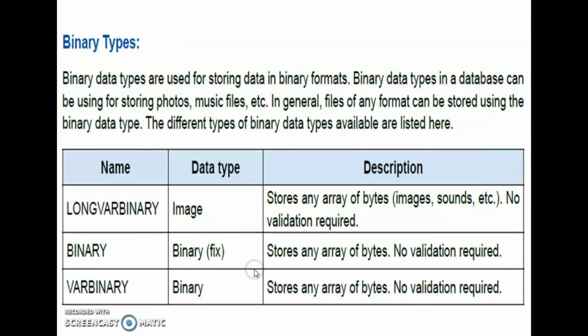Okay. The next one, binary types. Binary data types are used for storing data in binary formats. Binary data types in a database can be used for storing photos, music files, etc. In general, files of any format can be stored using the binary data type.